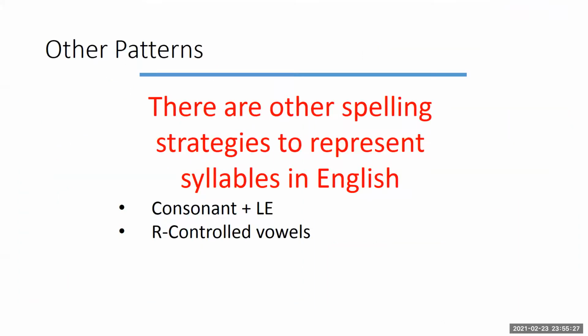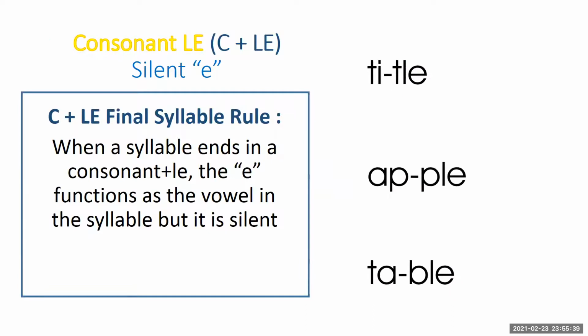There are other spelling strategies to represent syllables in English. We're now going to look at consonant plus LE and R-controlled vowels. Consonant plus final LE. When a syllable ends in a consonant plus LE, the E functions as the vowel in the syllable, but it is silent.